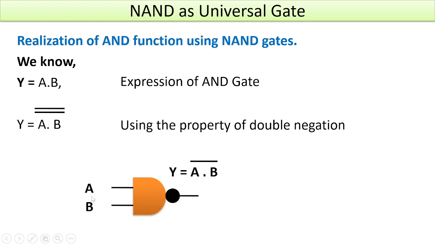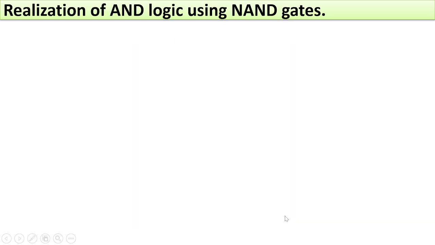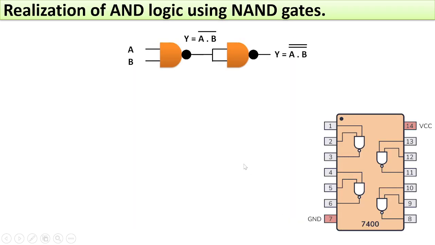Let us first label the inputs as A and B. At the output we will get y equal to (A dot B) bar. Then we tie both the inputs of the other NAND gate, and the output we get is (A dot B) double bar.